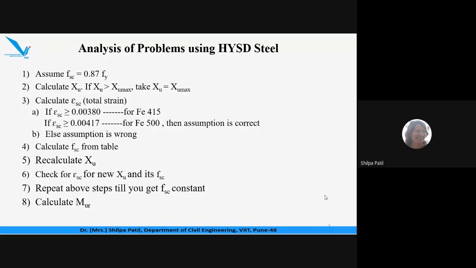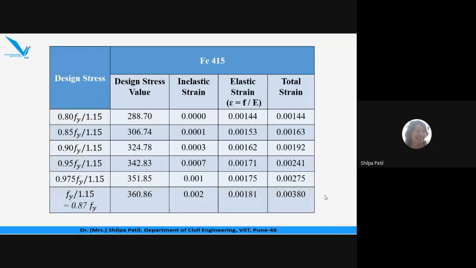One is for FE415 and the second is for FE500. For both these grades of steel, for different values of design stresses, we calculated the total strain. Just to recall, I have added the table for FE415 here again during today's lecture. So we have calculated all these total strain values.